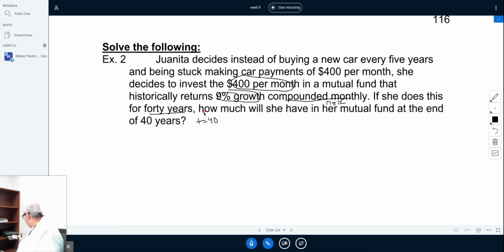Let's see what happens there. We need a formula for that. So she's making payments. Calculating your future value of an annuity with present payments.